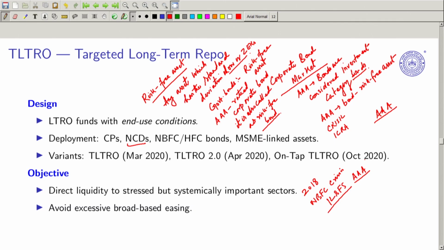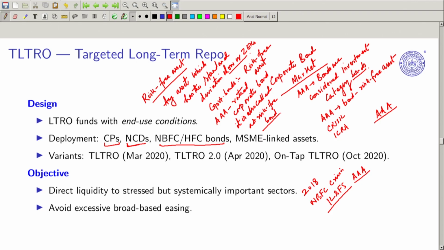And the amount that you are getting under targeted long term repo operations, which is a collateral based loan, must go to, it is saying, commercial paper, which is an uncollateralized security, and NCDs, non-convertible debentures, NBFC and HFC bonds, housing finance corporation bonds, and MSME linked assets. So it could be of any type, whatever collateral they can provide, so you can think about that.